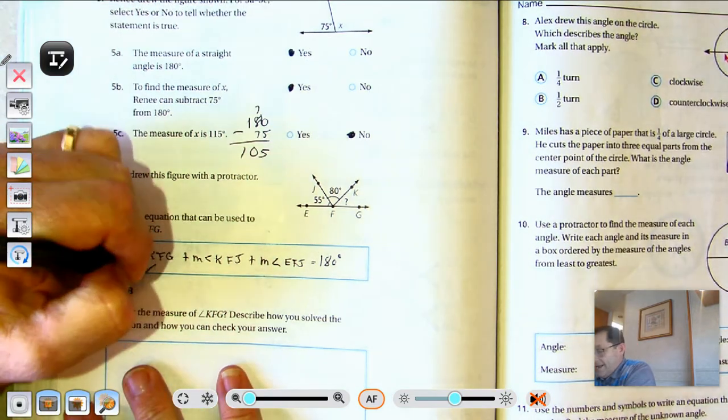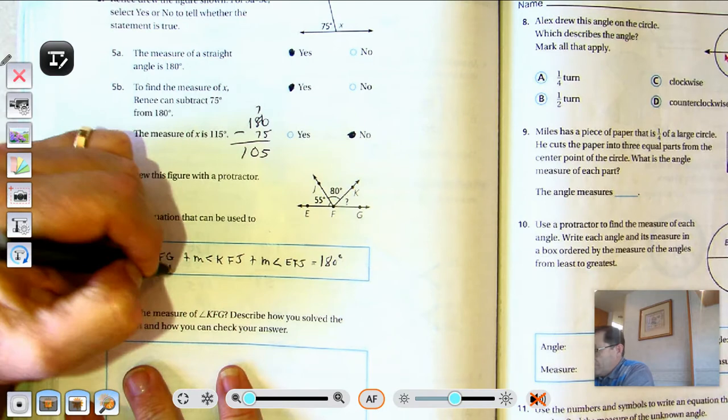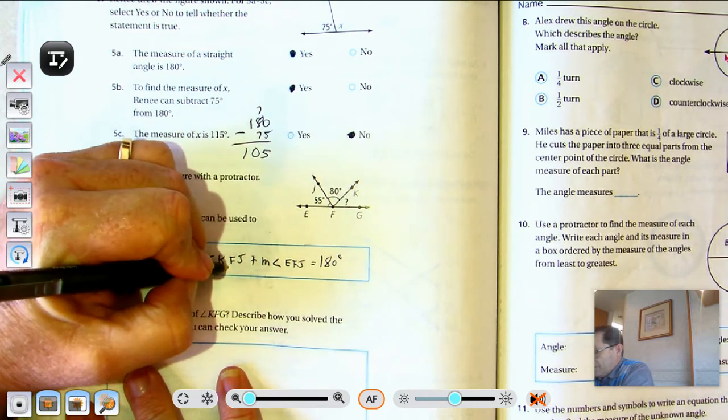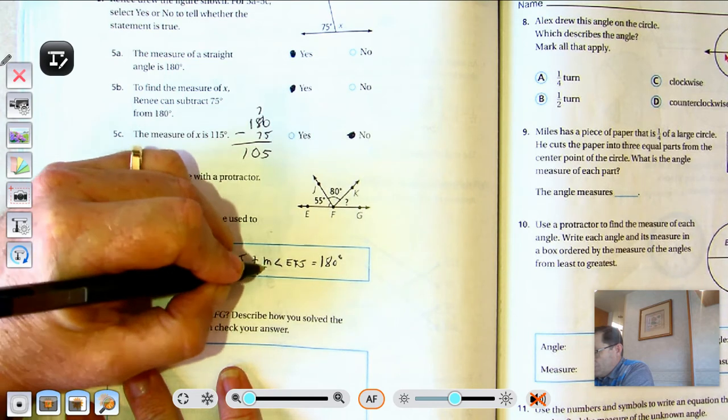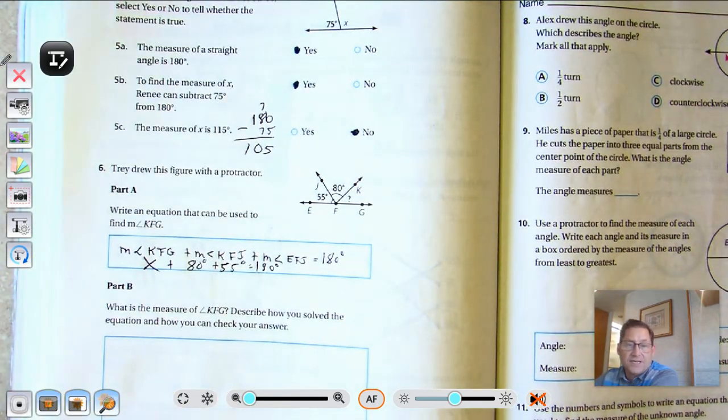So we'll let x equal KFG, plus 80 plus 55 equals 180. All right, so that's the equation I can use to find it.